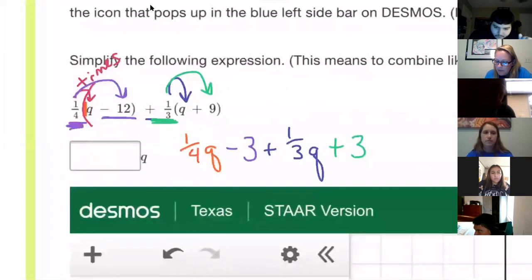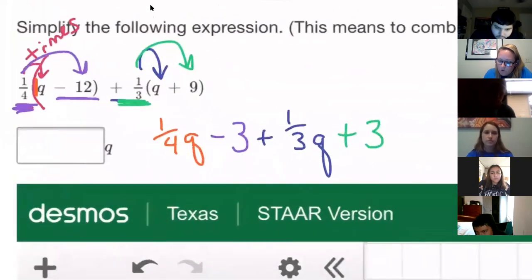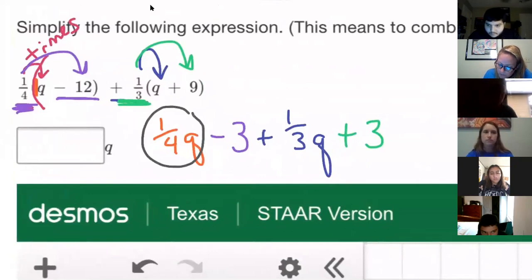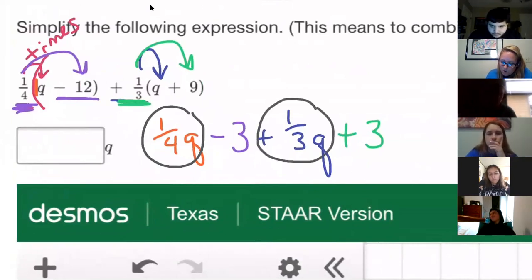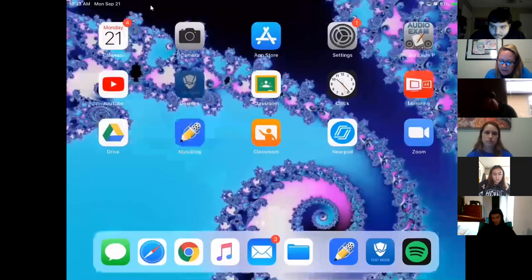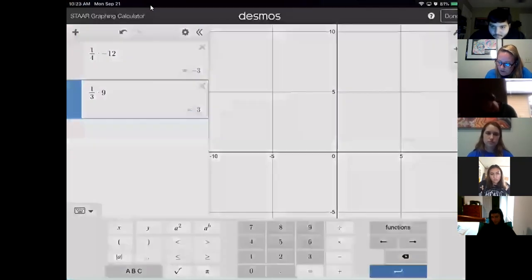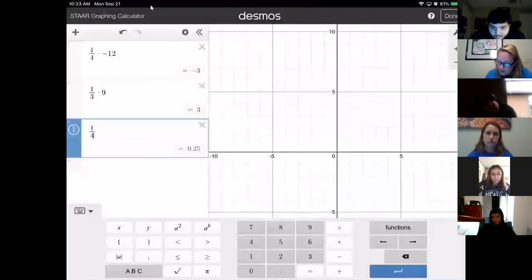And now we're going to put these together with our circles, boxes, and triangles. So we have 1/4 q plus 1/3 q. Remember that when you go to Desmos, you cannot type in the q, you only type in the coefficients. So I'm going to type in 1/4 plus 1/3. And if you have Desmos with me, that's going to help you. 1/4, and then we're going to add it to, did y'all see that was weird?